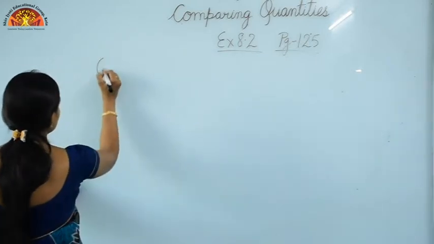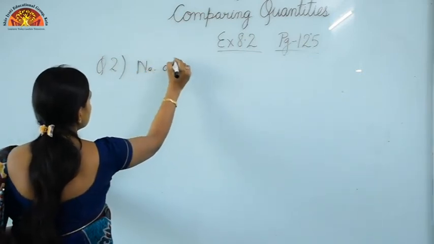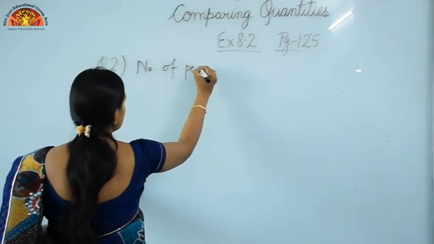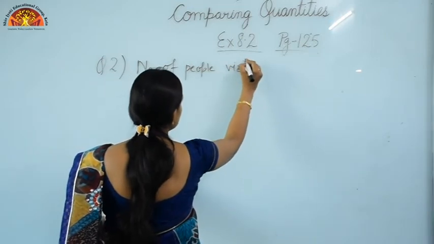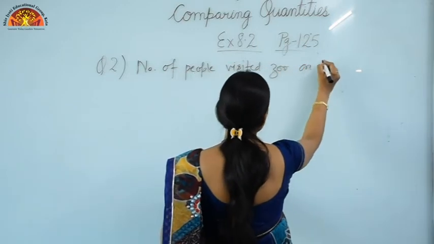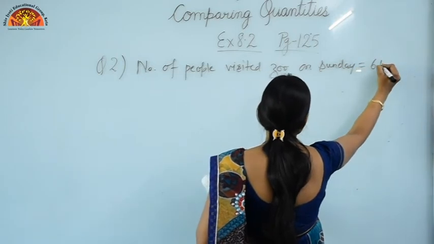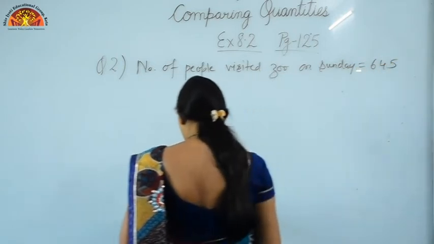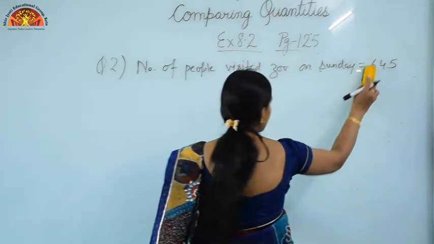Question number 2. Number of people who visited the zoo on Sunday is 845. Sorry, it is 845.